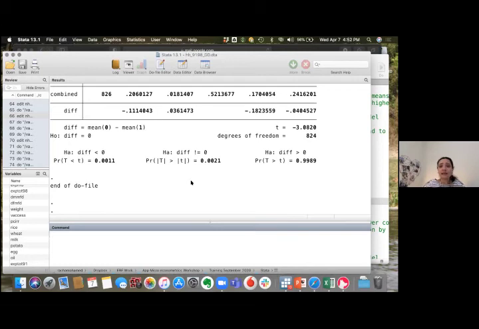Okay. Doctor, please, which p-value do we look at? There are three p-values. The p-value in the middle tells you that they are different from 0. If you want to know if it is positive or negative, I mean which group has the higher one, you look here. The difference is less than 0, which means that the mean of those who are not treated minus the mean of those who are treated is less than 0.